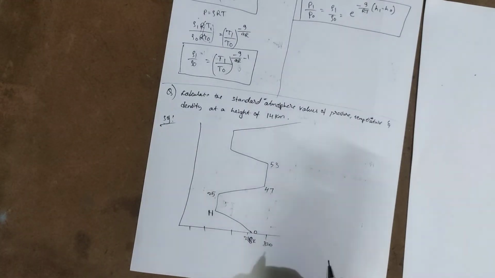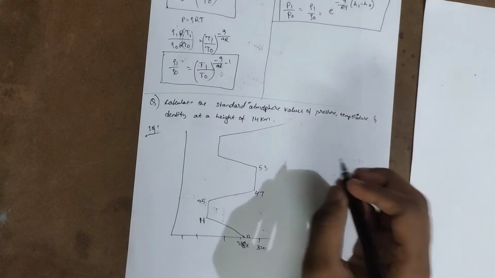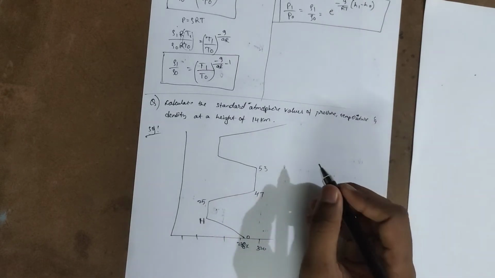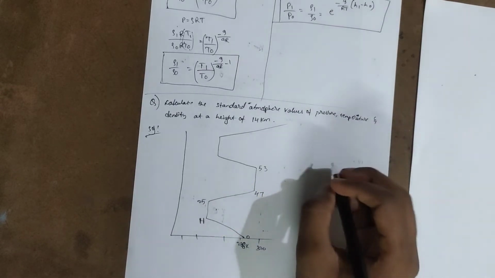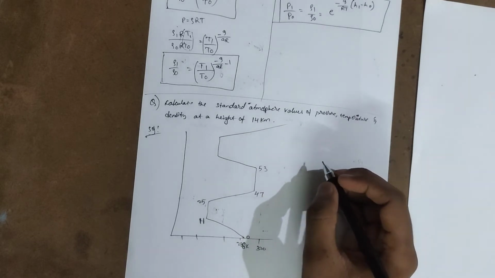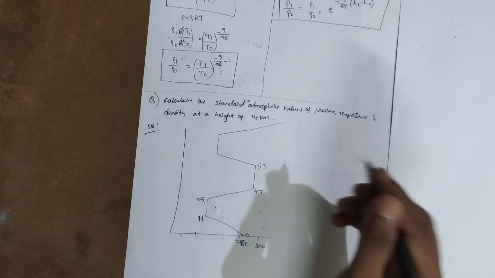Now the first step is we need to note down the values of pressure, temperature and density at sea level. These were standard values and we need to remember them.